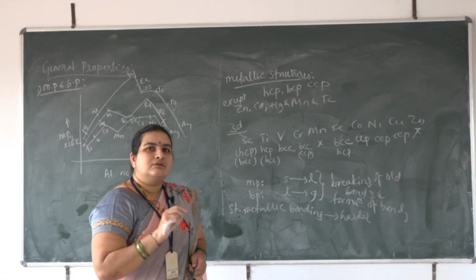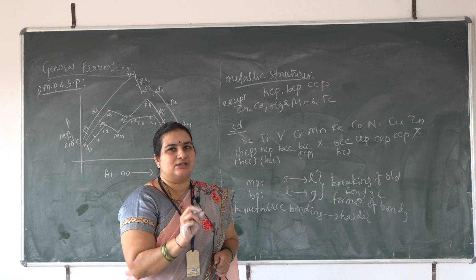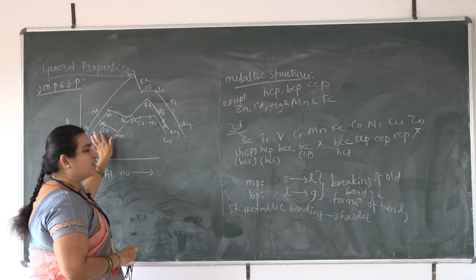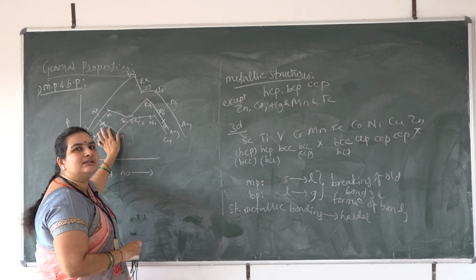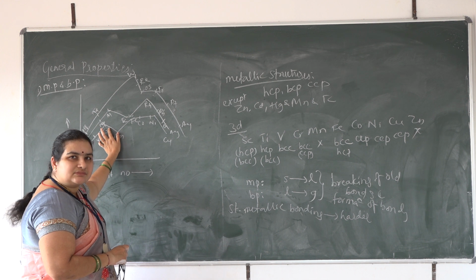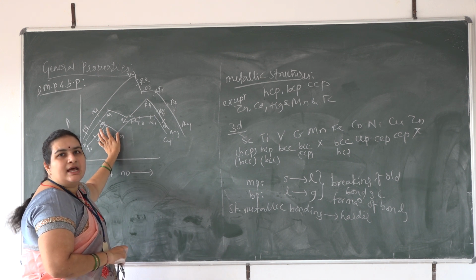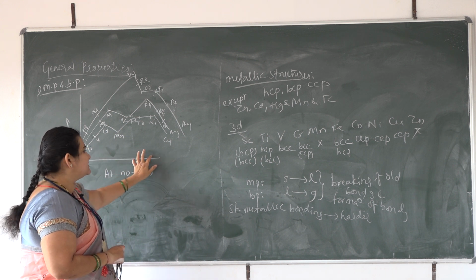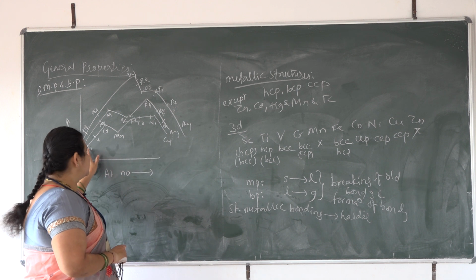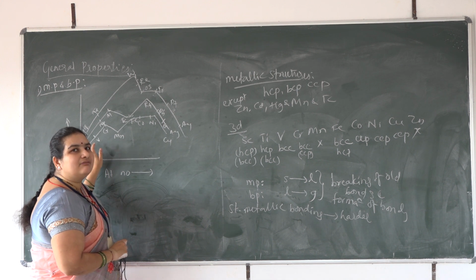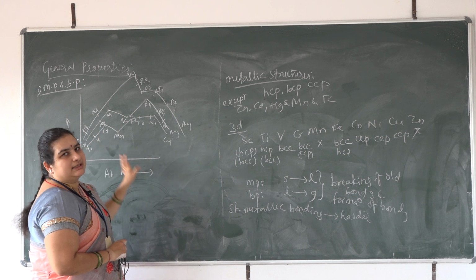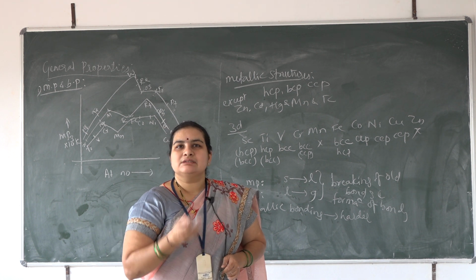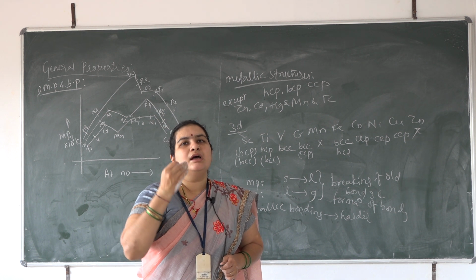As the atomic number increases, the number of unpaired electrons goes on increasing, as you know from the periodic table and the electronic configuration I gave you. So as we move along the x-axis, the number of electrons available for bonding increases, and as a result the hardness of the metals also goes on increasing.